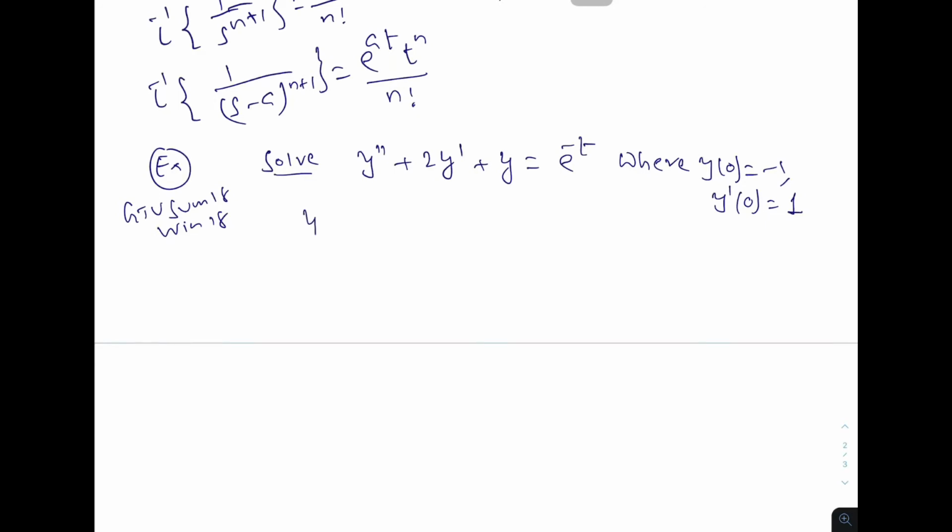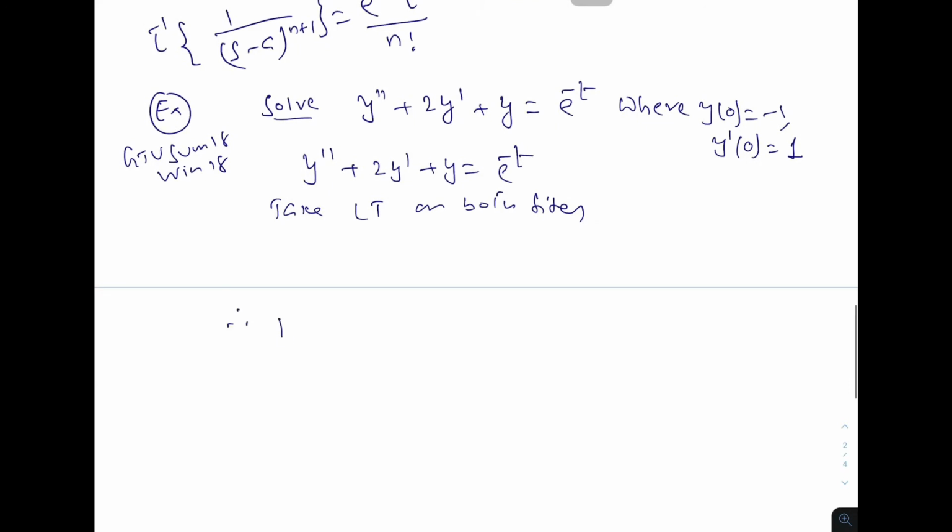Now here we have y second derivative plus 2y derivative plus y equal to e power minus t. So we take Laplace transform on both sides. Therefore Laplace transformation of y second derivative plus 2 Laplace transform of y derivative plus Laplace transformation of y equal to Laplace transformation of e power minus t.